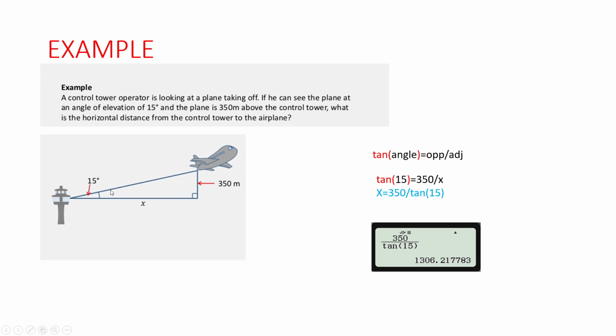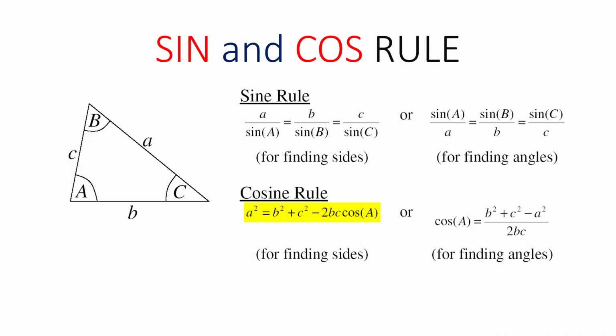Now he may also ask you to find the hypotenuse, or the shortest distance between the tower and the plane, which is this one, and we're going to use the Pythagoras theorem, and we talked about that briefly in our first video. Now the sine rule and cosine rule.